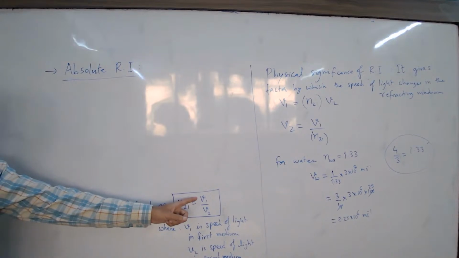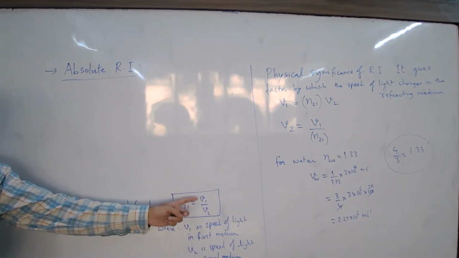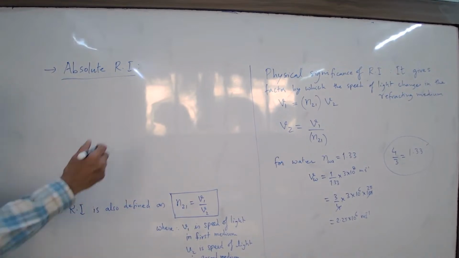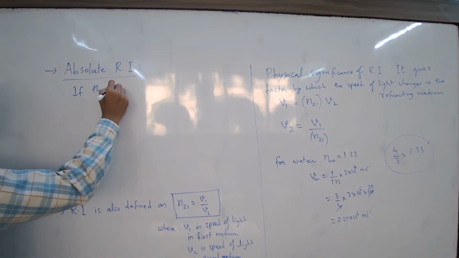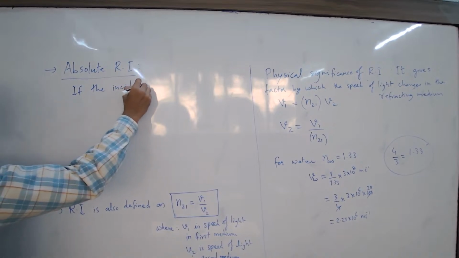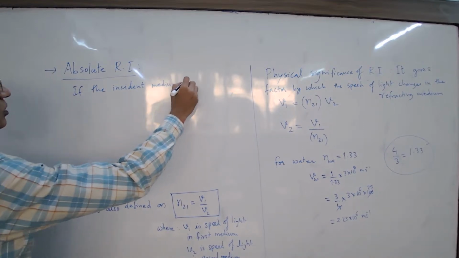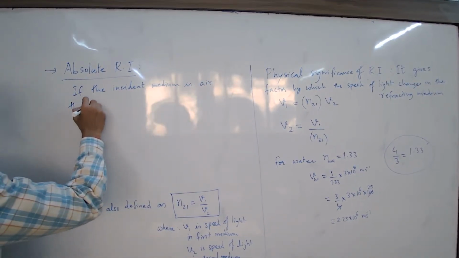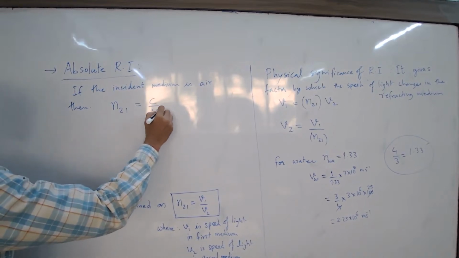So when the first medium is air, it could have been glass and water, right? So V1, V2. If the first medium is air, then the speed is C. If the incident medium is air, then C1.